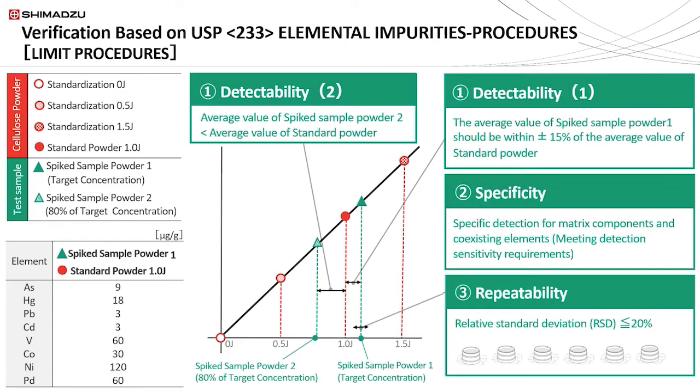And then the detectability for the sample powder 1, it should be plus or minus 15% of the average value of the standard cellulose powder. So that would be the plus or minus 15% within 1.0 J. There's also criteria for repeatability and specificity, like repeatability, relative standard deviation of less than 20%.